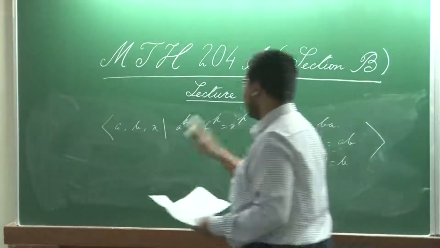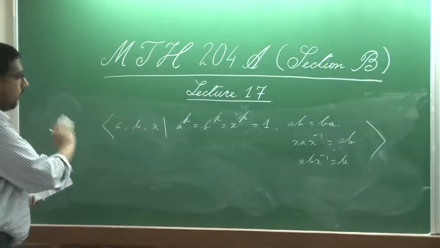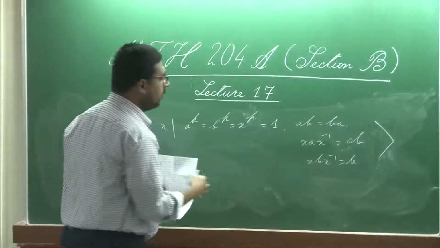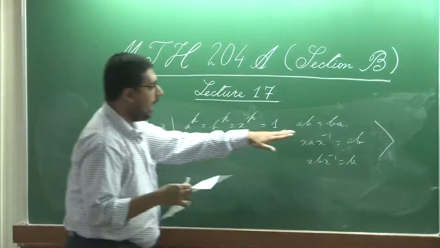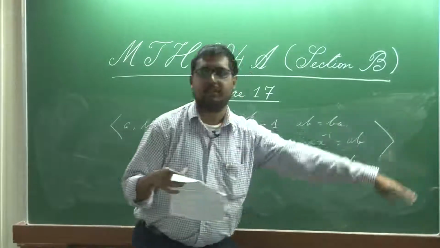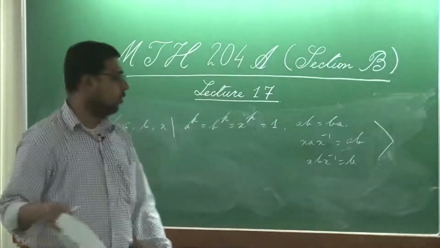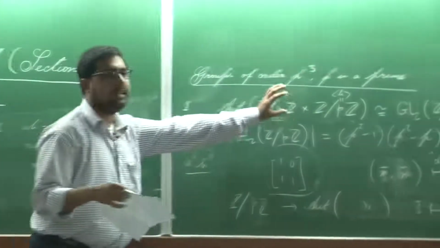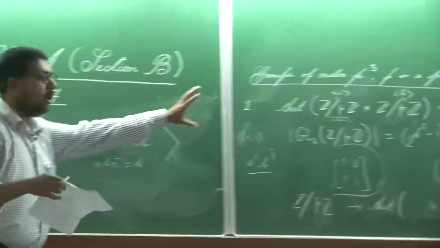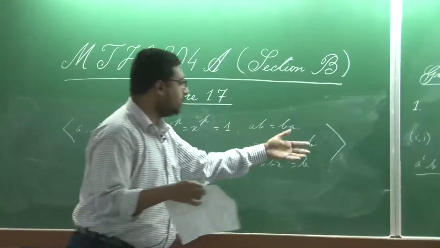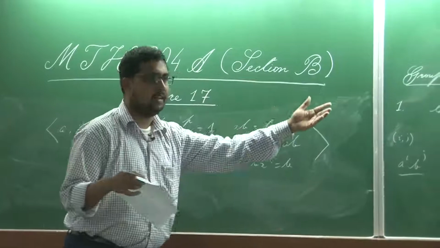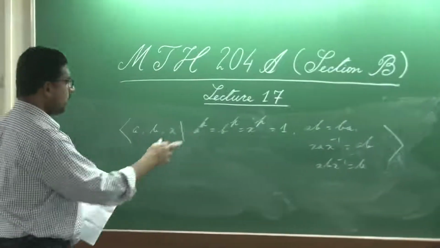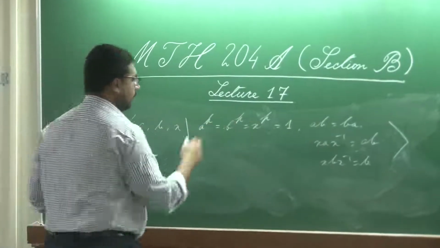But right now this is just a way of writing down the group where the generators are there and the relations among the generators are mentioned. From these generators and relations we can immediately extract all the relevant information about this group. So this is how we write the first group.